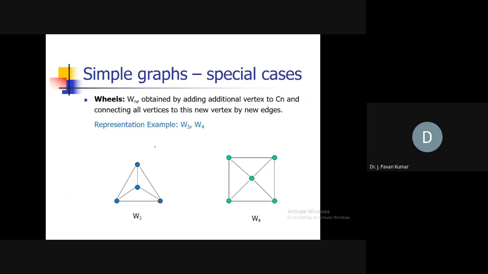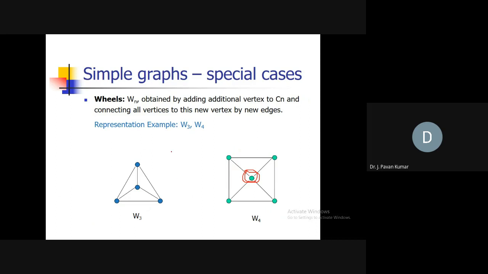Next, a wheel graph is an extension of a cycle graph, where we have an additional vertex which is adjacent to all the vertices of the cycle. Now consider the outer part. This is a cycle graph except for this one vertex. If you don't consider it, it will form a cycle. But if we have an additional vertex which is adjacent to all the vertices of the cycle, then we can call it a wheel graph.